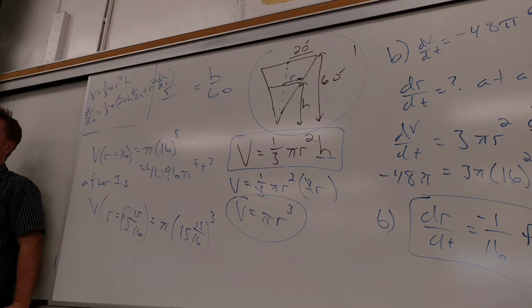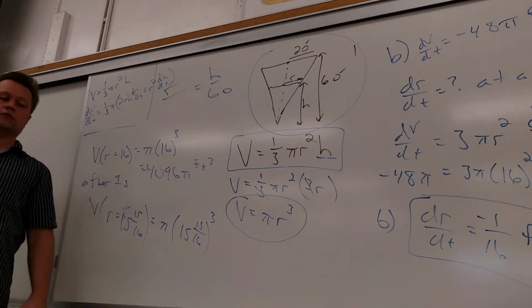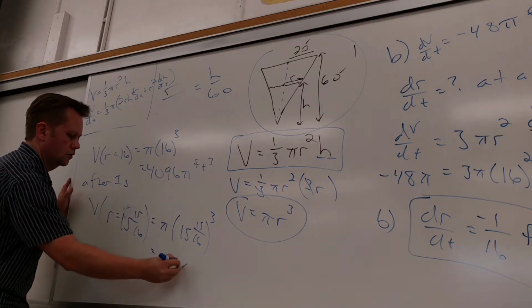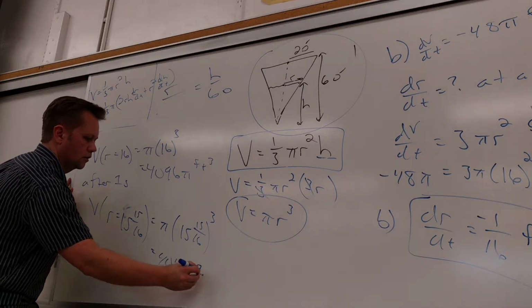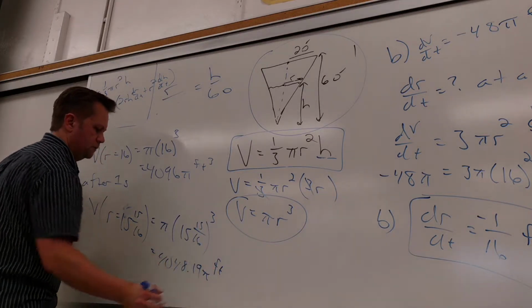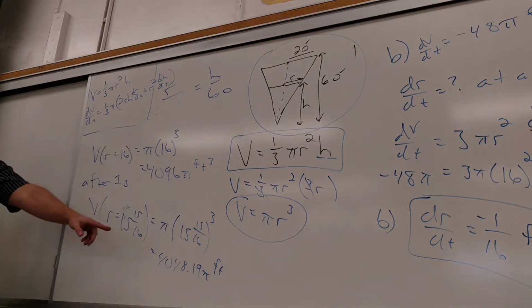Uh-oh, something went wrong. Did you cube it? It's about 4,048. 4,048.19. Yeah, don't put pi in there, because it's in terms of pi.